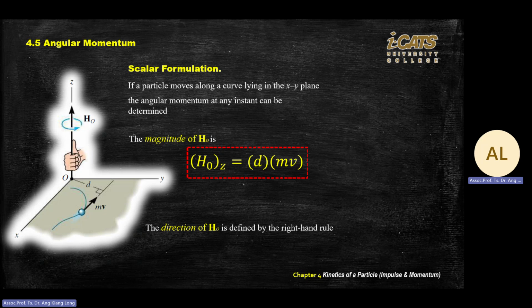So if you want to calculate the magnitude of the angular momentum, you take the momentum multiplied by the perpendicular distance d. d multiplied by m multiplied by v, which is your momentum. mv is momentum multiplied by the distance. You get moment of the momentum, or angular momentum. This is the magnitude. And the direction is defined by the right hand rule. In this case, direction is going in the z direction.